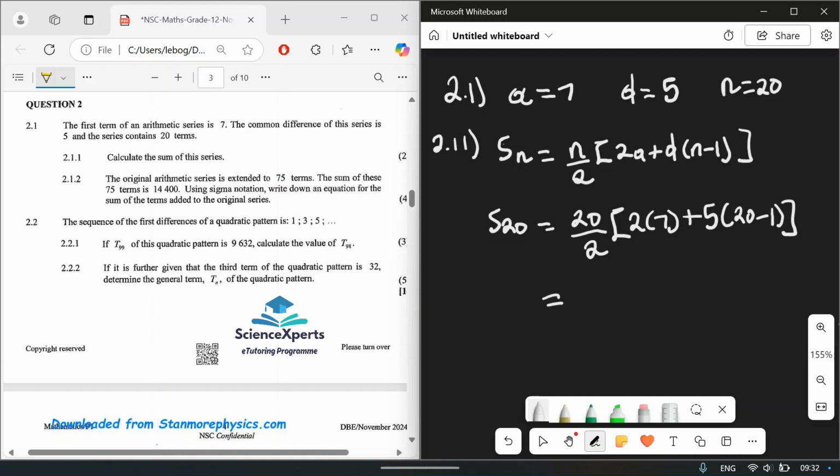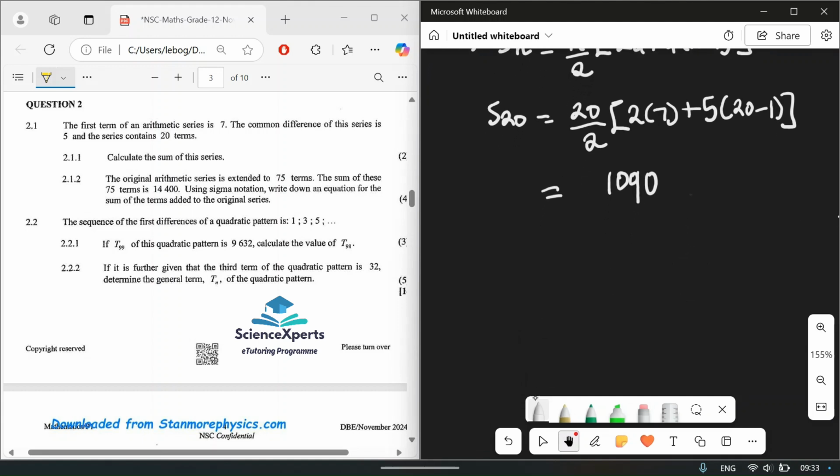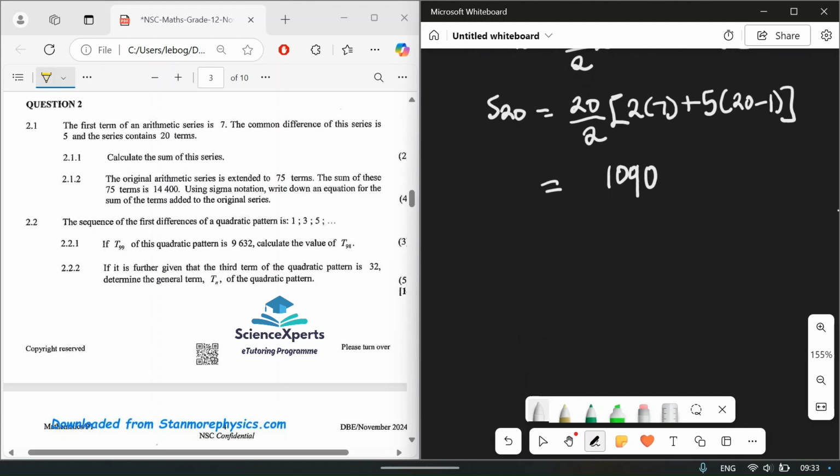Put this in your calculator as it is. This is 10 into 14 plus 5 into 19, which is 1090. The sum of the first 20 terms of this series is 1090.